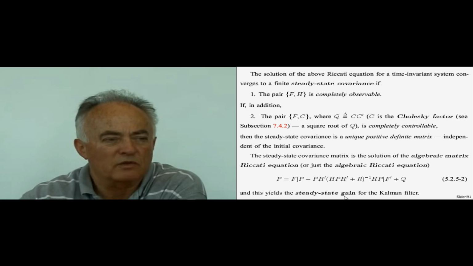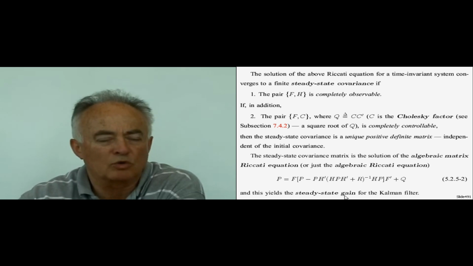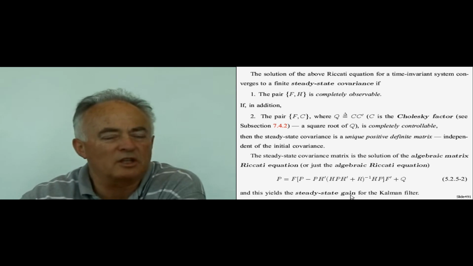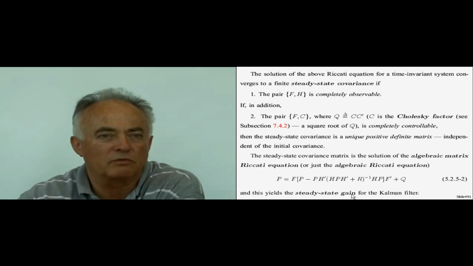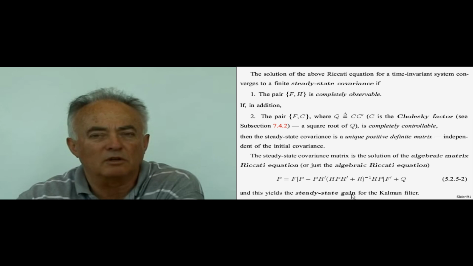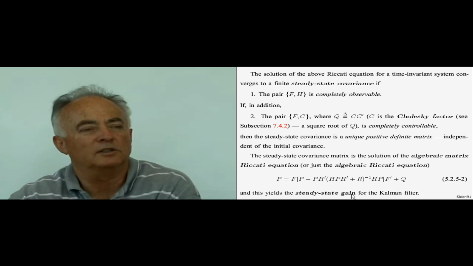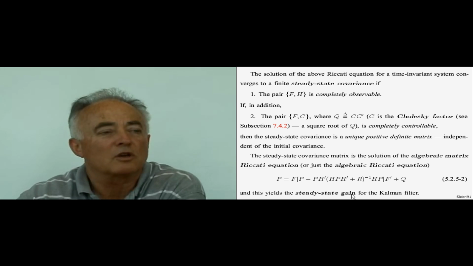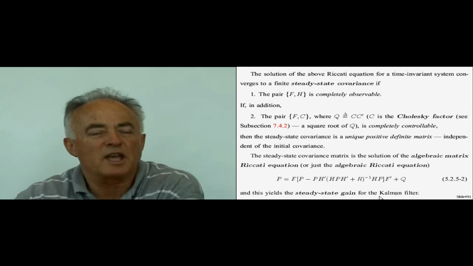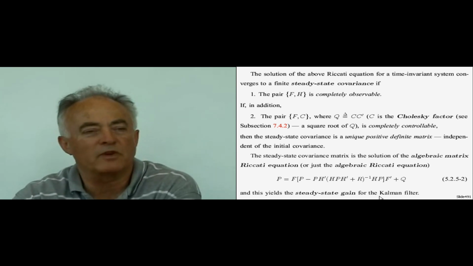If we have a fixed solution to the covariance, we also have a steady state gain, because the gain is given directly in terms of this covariance and the Q and the R. So what we have now is a steady state gain for the Kalman filter. So the filter, the dynamic system which represents the filter, becomes also time invariant.